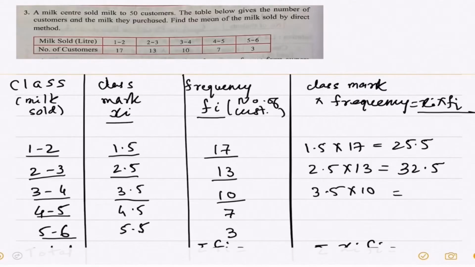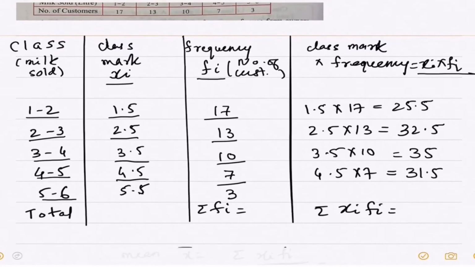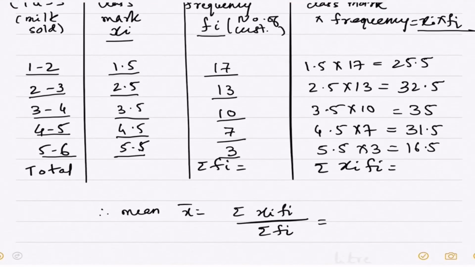We get the answer as 35, very easy. Next is 4.5 into 7. We get the multiplication as 31.5. Lastly, 5.5 into 3 gives us 16.5. Now we need sum fi and sum xi fi.